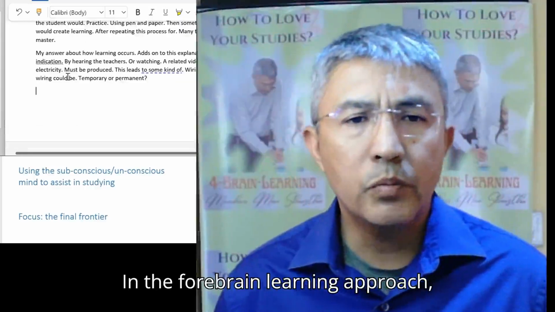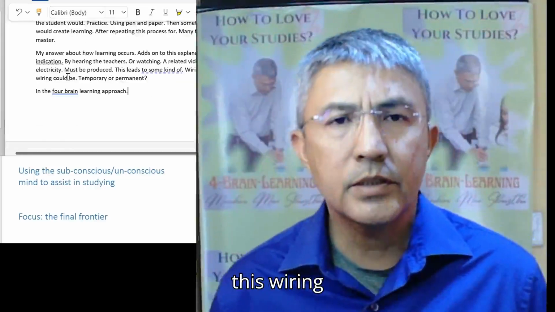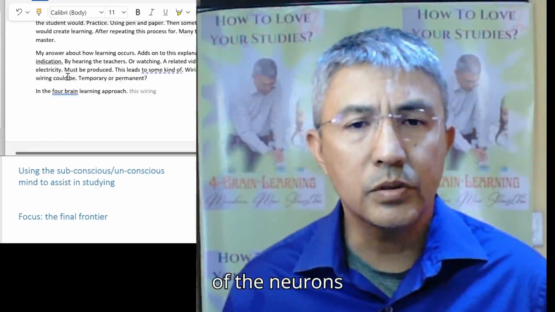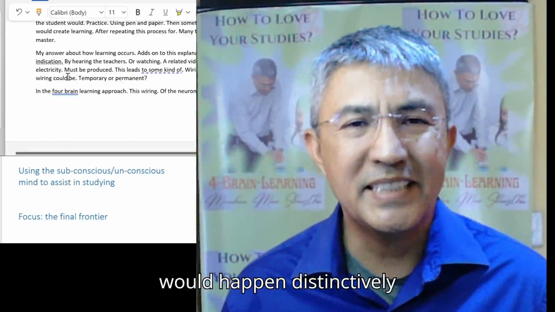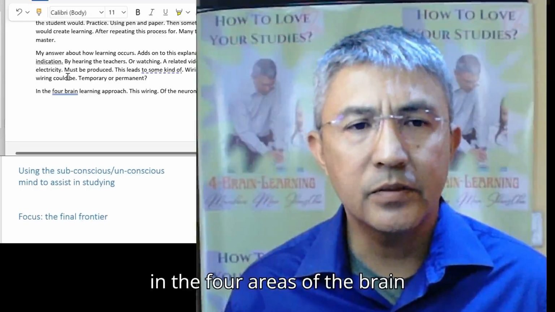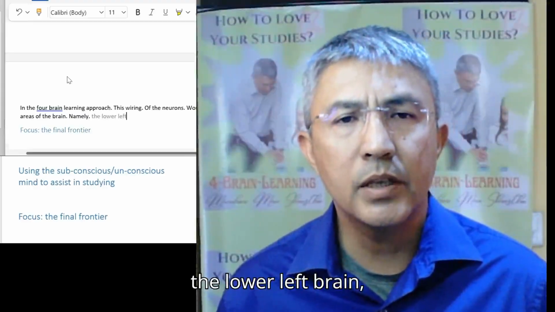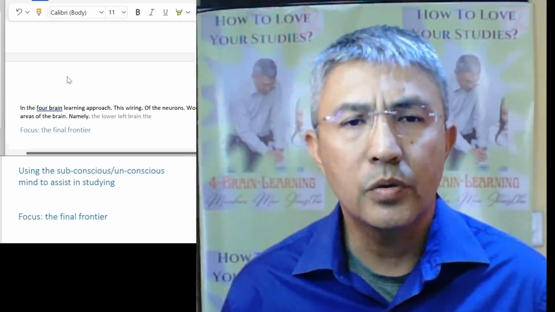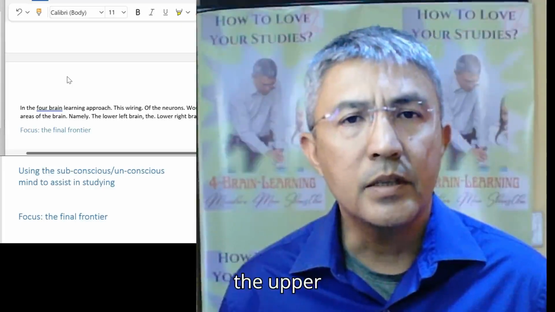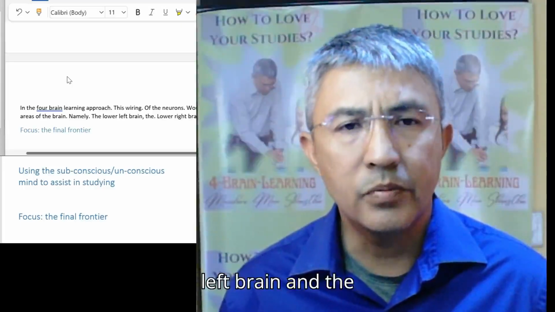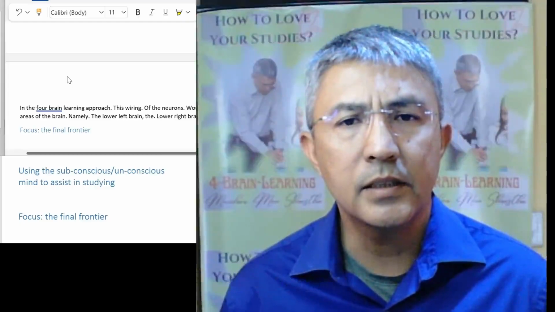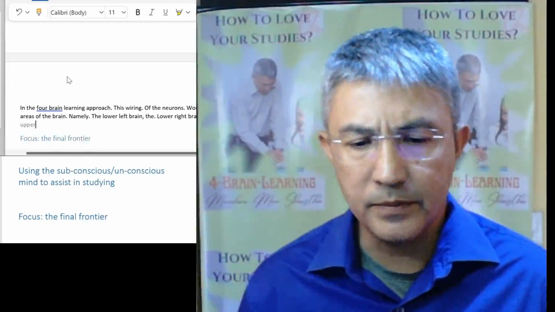In the four brain learning approach, this wiring of the neurons would happen distinctively in the four areas of the brain, namely the lower left brain, the lower right brain, the upper left brain, and the upper right brain.